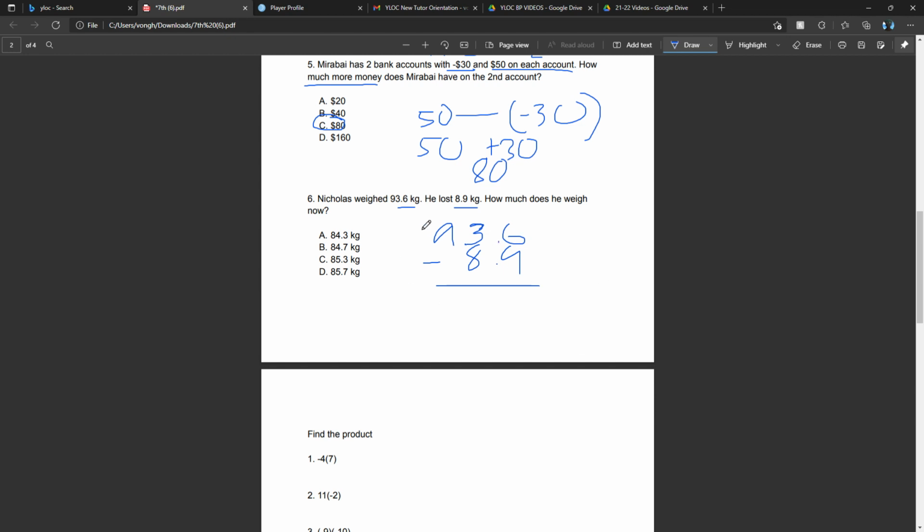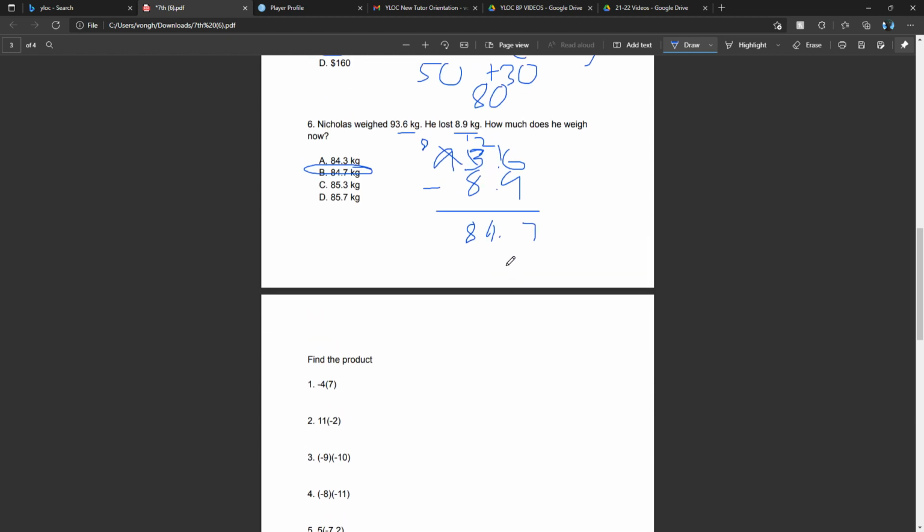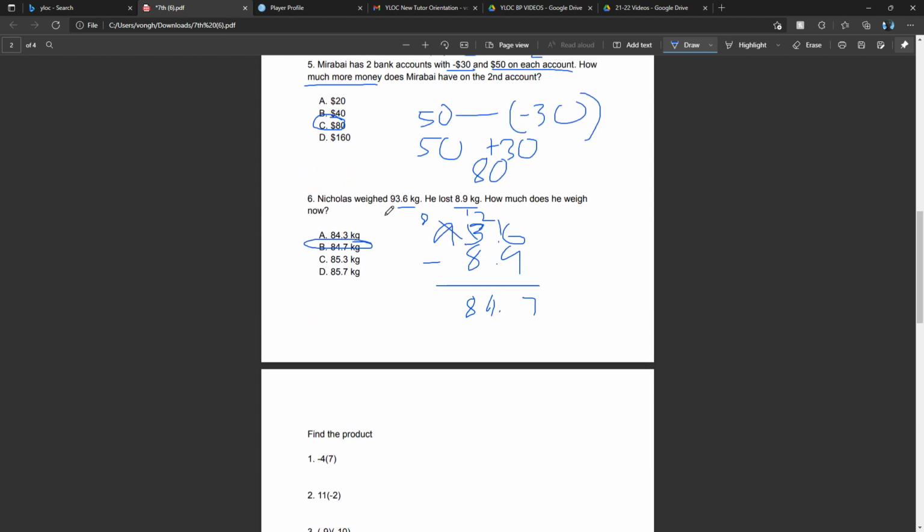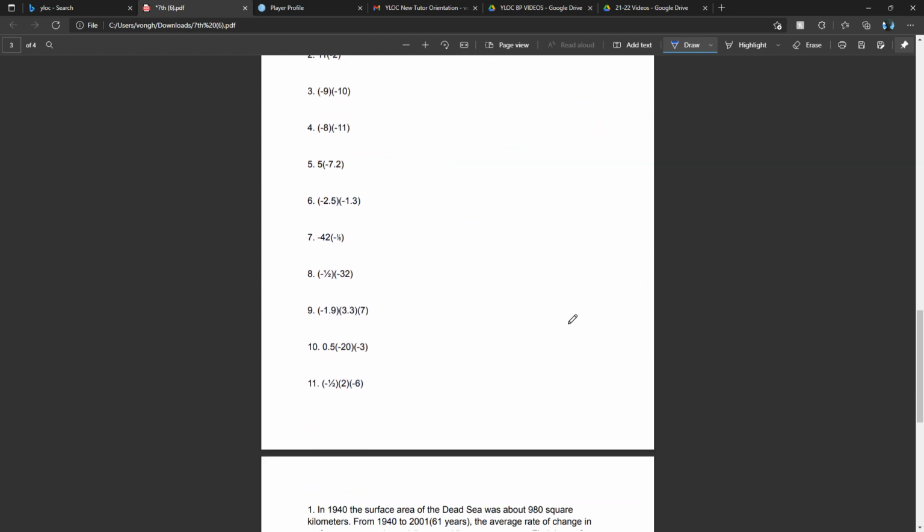So if you subtract it, the answer is B, 84.7. Because you just take what he weighs minus this value, because that's how much he lost, and you should get 84.7.